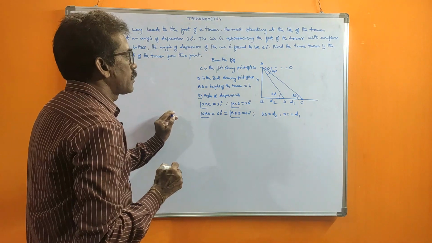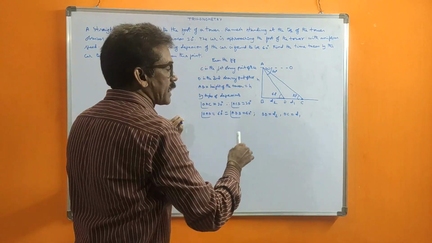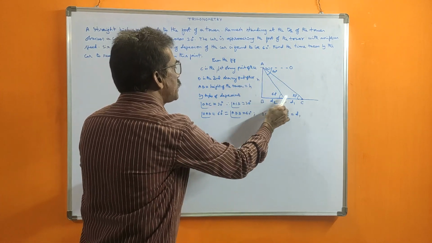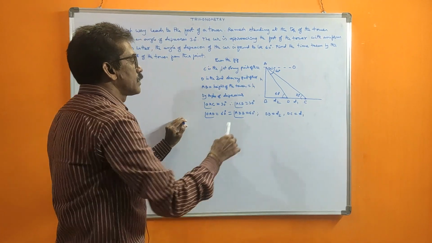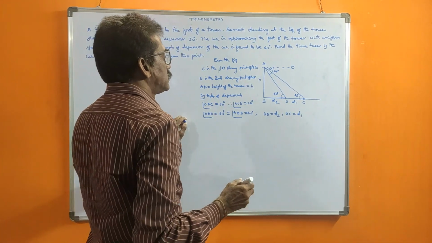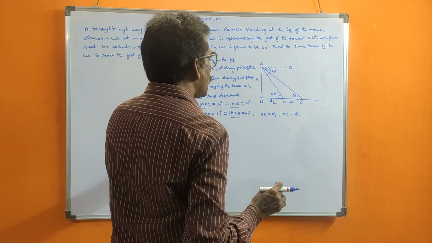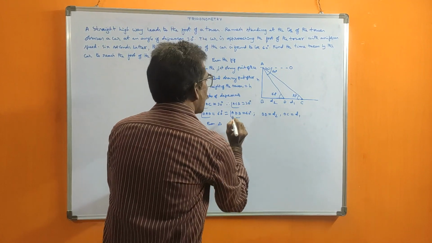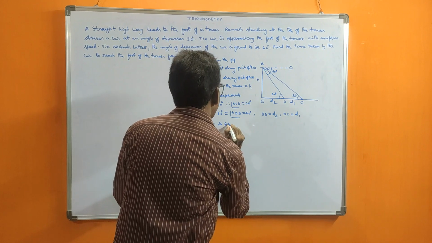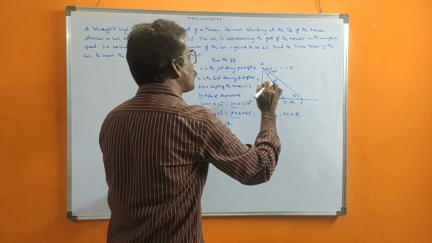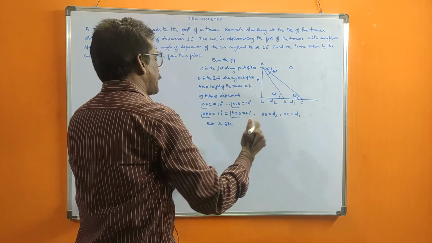Now if you observe, there are two right angle triangles: ABC is one right angle triangle, ABD is another right angle triangle. First, take the big right angle triangle. From triangle ABC, the hypotenuse is of no use, that's why we take tan only.